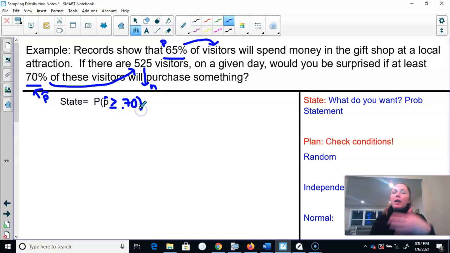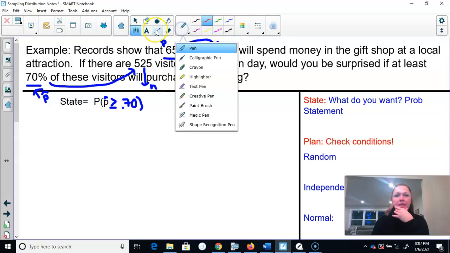Remember, guys, whenever we're using percentages in math, when we're putting things in the calculator or whatever, it needs to be changed to a decimal, okay? We're wondering if our statistic will be at least 70%. At least is a greater than or equal to. This is our state. So let me do this just to make things nice and organized.